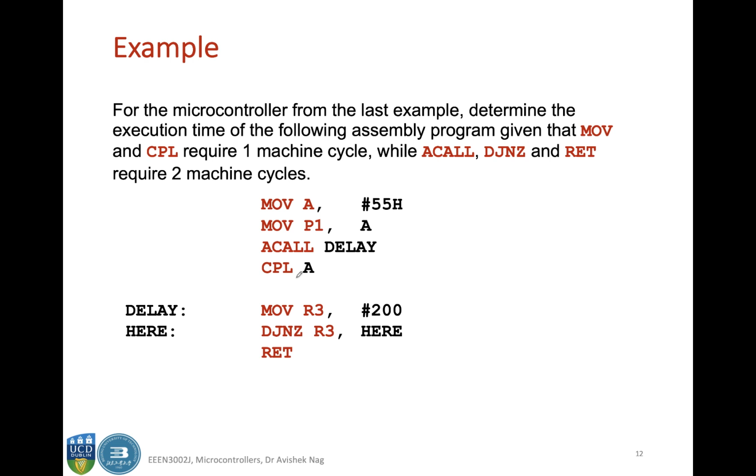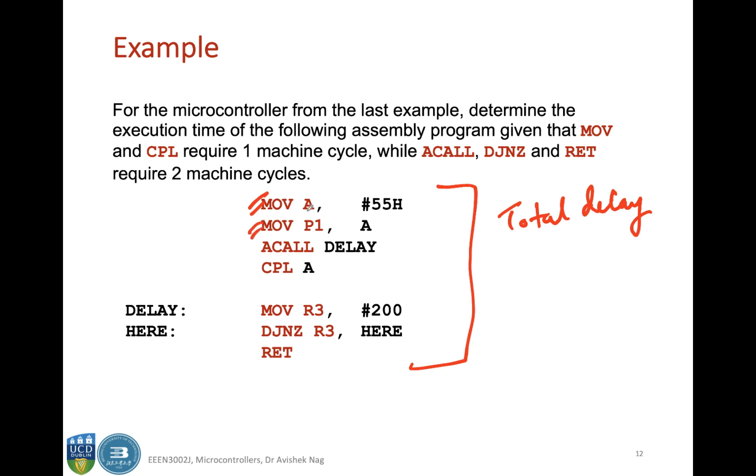So let's see an example. Let's say we have a code like this. What will be the total delay encountered by this code? You can individually check each instruction and see how many machine cycles each takes.